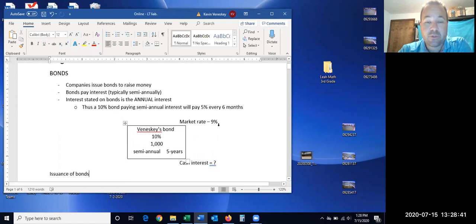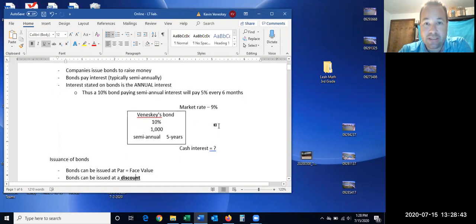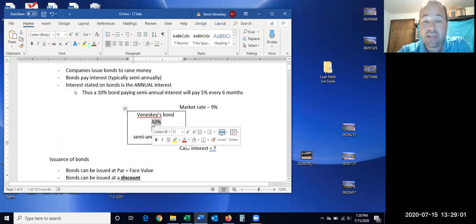Now, when we're beginning to look at bonds in more detail, sometimes it starts to get confusing, seeing all the different terms. You may want to make something like this. I make a little bond off to the side a lot of times, where I'll put what the market is currently at, what my bond is currently at, what the stated rate is that I'm going to pay, and how much the bond is really worth.